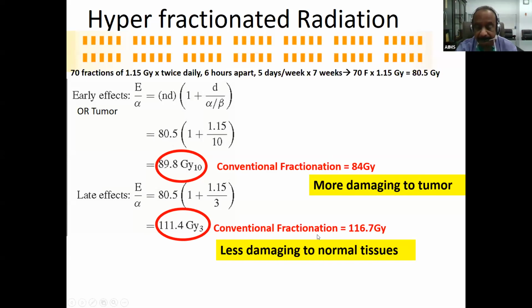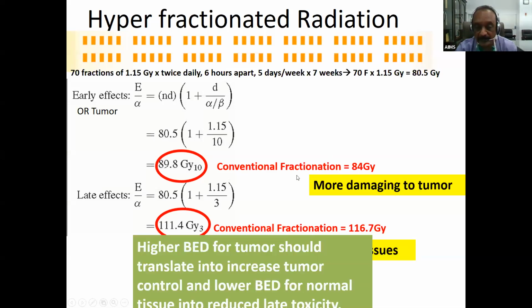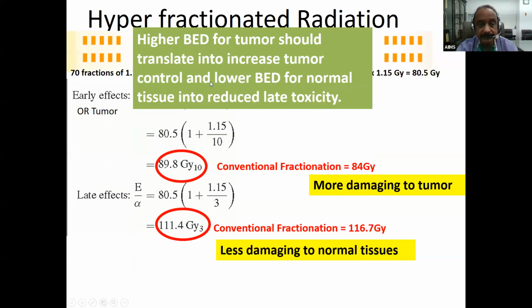So this is what I am predicting from the linear quadratic model. And I predict that this higher BED with hyperfractionated radiotherapy should translate into increased tumor control and lower BED for normal tissue into reduced late toxicity. This is what I am predicting from the linear quadratic model.